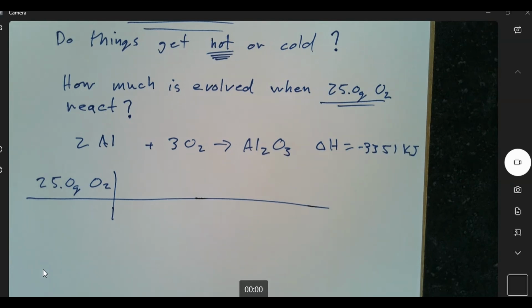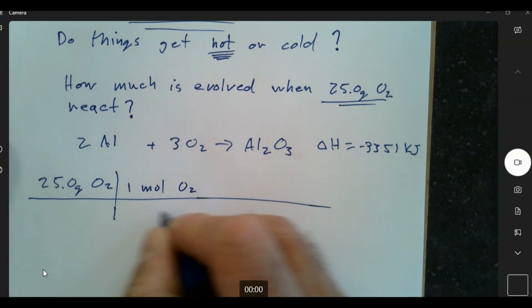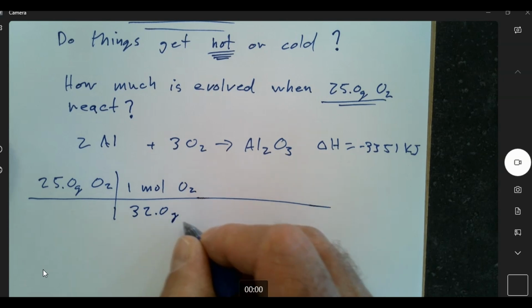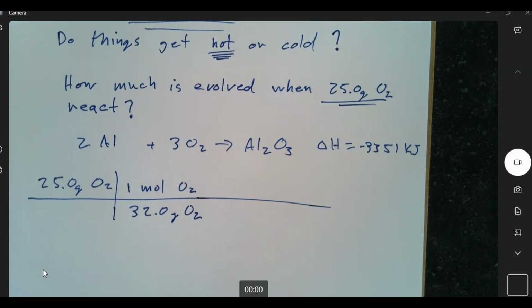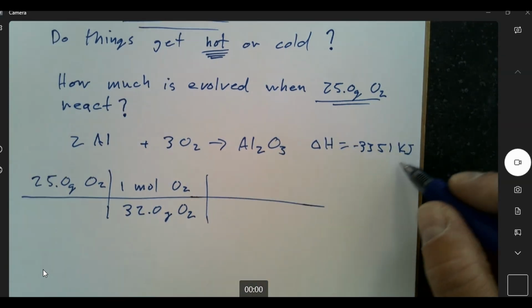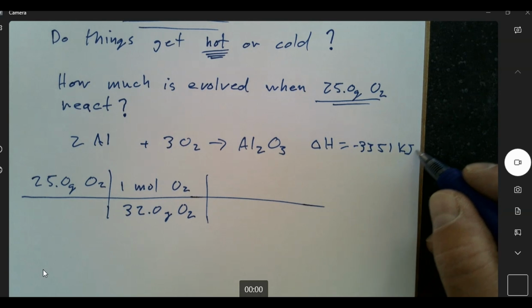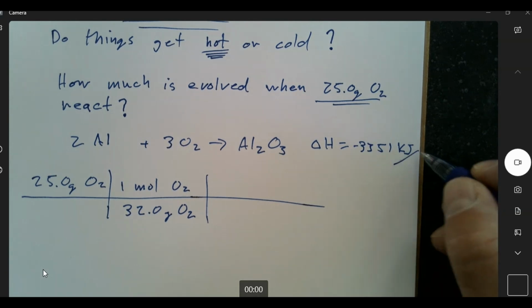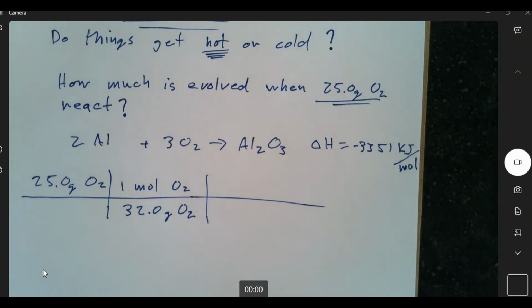That creature with claws and sharp teeth. The mole. 1 mole of O2 should be pretty close to 32.0 grams of O2. Look up there and see roughly 16 for oxygen. I got 2 oxygens. Some of the older books don't write what your new book does. And that's a mole there.